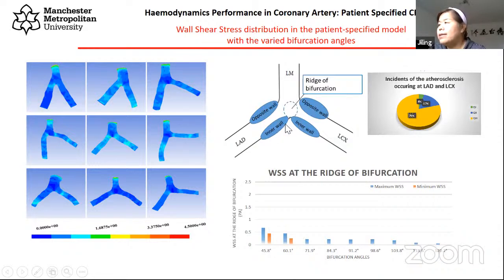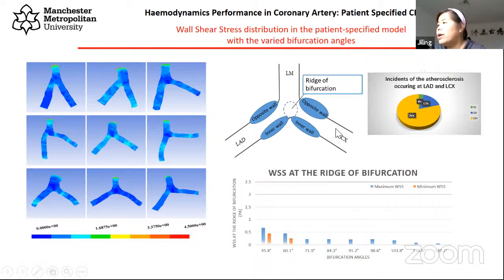We identify these three key areas and observe the wall shear stress distribution, pressure distribution, and velocity. We notice that when the bifurcation angle increased, the wall shear stress at this point exponentially decreased with the bifurcation angle.